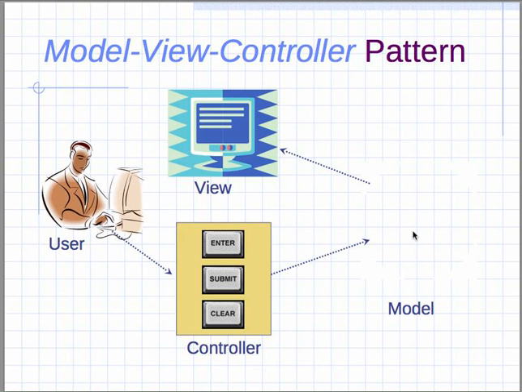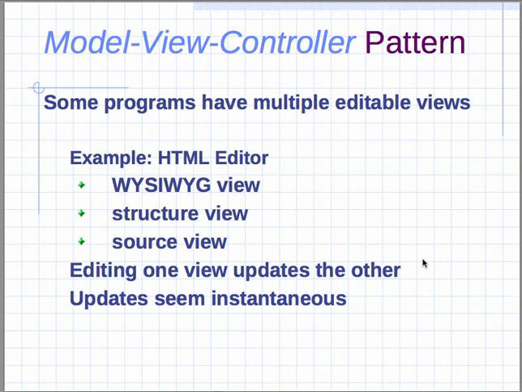It's a source of data. It could be a database, could be a differential equation that's being solved, whatever. As you change something in the data, the view is changed. The user sees the view, maybe clicks on some other buttons, which changes the data again, and it goes round and round.